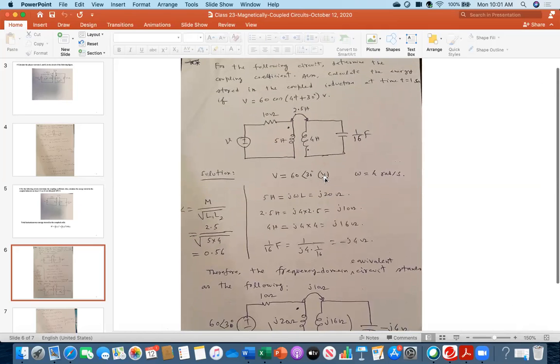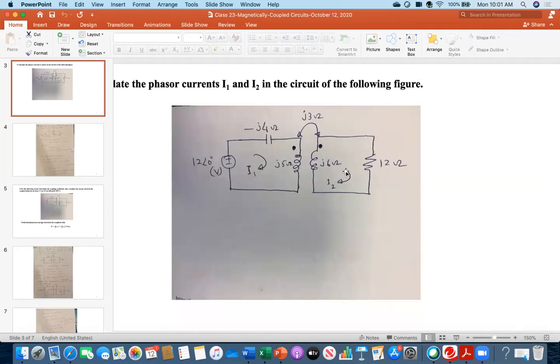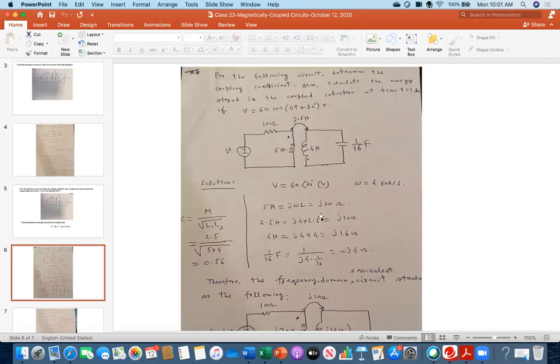Now what I am doing, as I said, is converting this circuit into the phasor domain. We didn't have any problem with this one, because it was already in the phasor domain: j, j, j, j. But here, first we have to convert this circuit into the phasor domain.